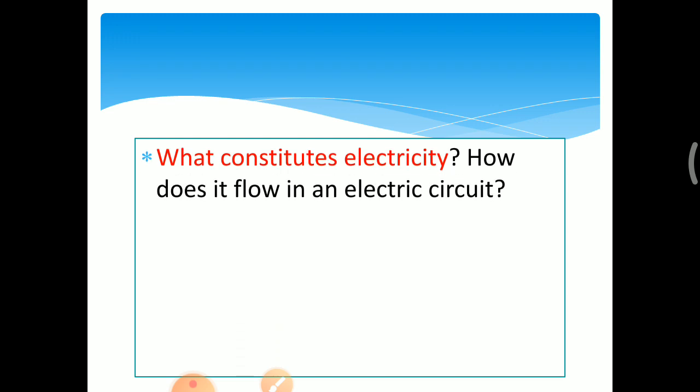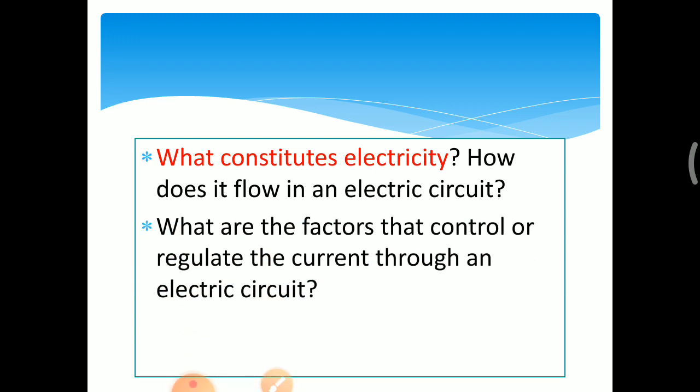What constitutes electricity? How does it flow in an electric circuit? We have such questions in our mind. And what are the factors that control or regulate the current through an electric circuit?